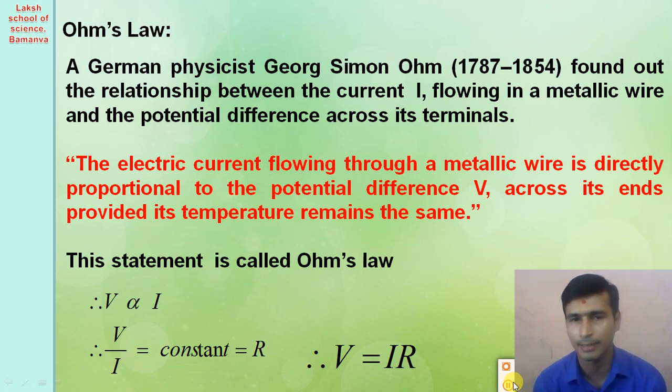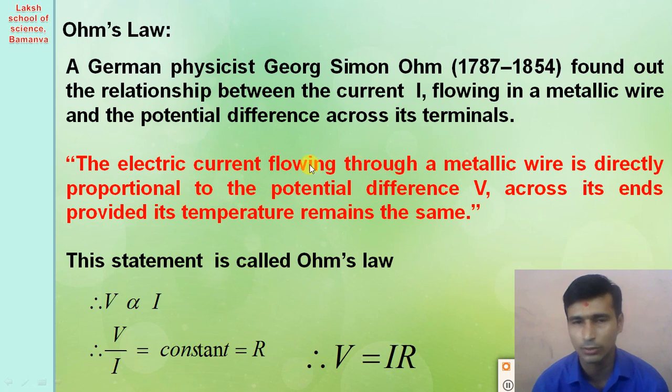As the temperature remains constant, the electric current flowing through a metallic wire is directly proportional to the potential difference across its ends. This statement is known as Ohm's law.